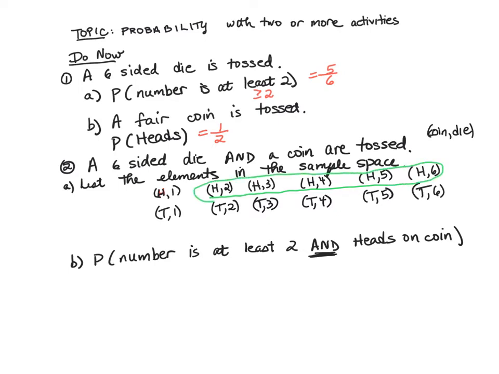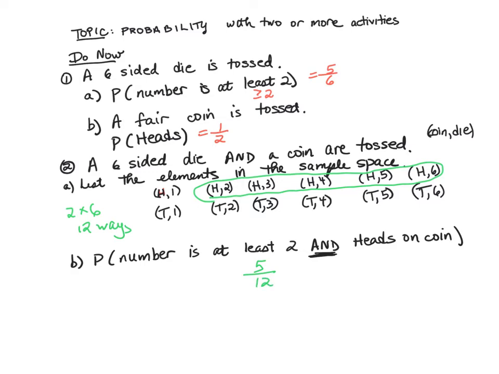And there are a total of 12 outcomes, and using the counting principle, we know that there are 2 ways the coin could land and 6 ways the die could land, so that makes a total of 12 ways. Here are the outcomes, the sample space. And of those 12 ways, they are all equally likely, so each of these outcomes has a probability of 1/12. But if we have 5 outcomes that we're interested in, the answer is 5/12.